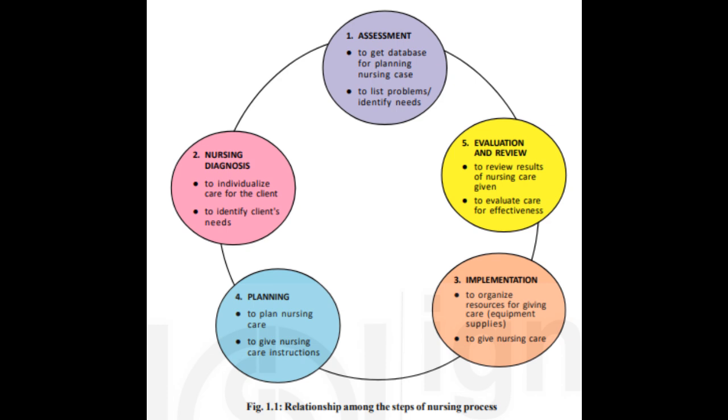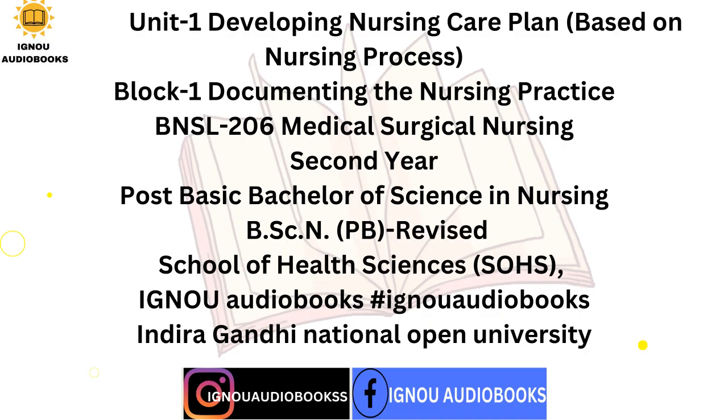1.3 Developing nursing care plan based on nursing process. In this section, we shall concentrate on the nursing process, which involves the case analysis, ascertaining nursing diagnosis, and writing a nursing care plan for that patient. We all know that assessment is the first step of nursing process.